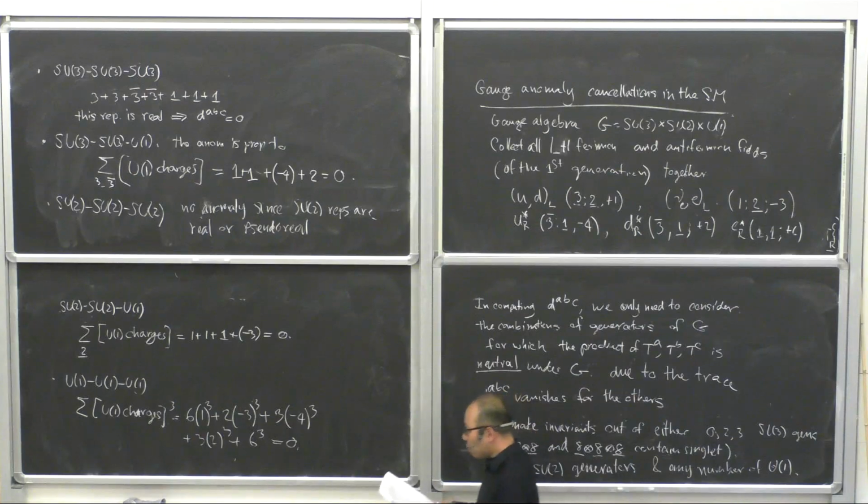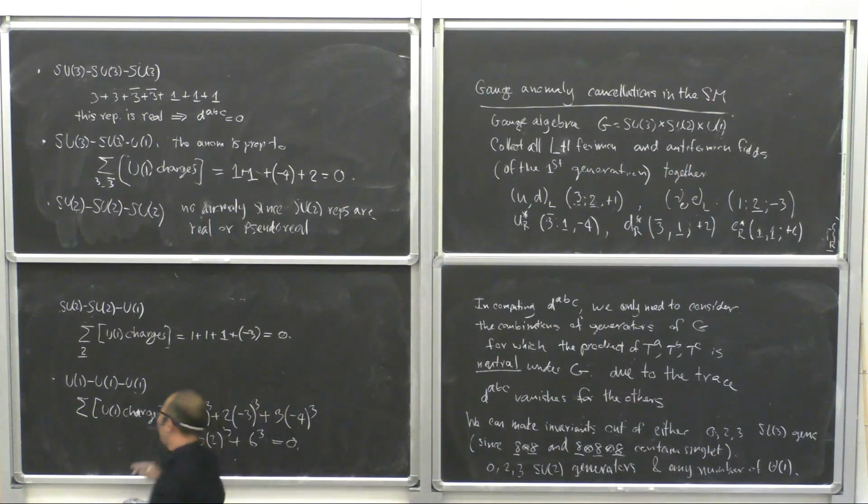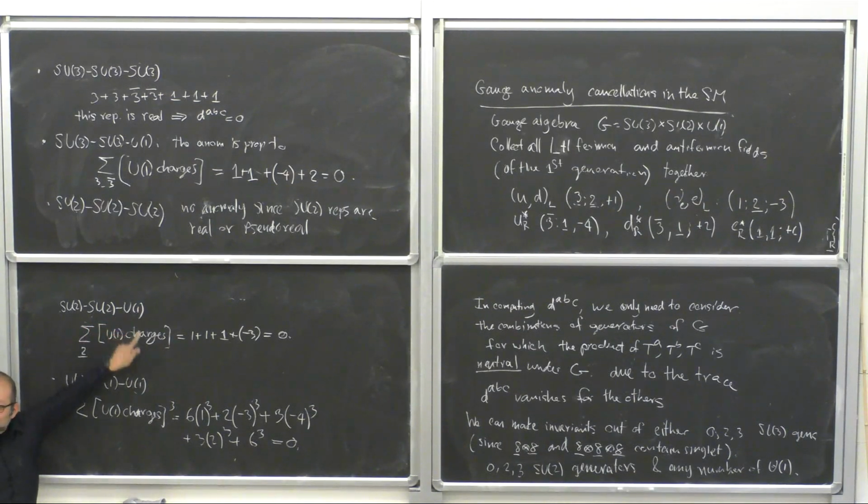Observe the following. You never mix different non-abelian factors together. For example, what happens if you do SU3, SU2, U1? Can someone tell me what's going on? You cannot form a singlet, indeed.